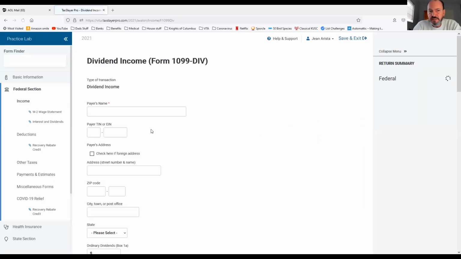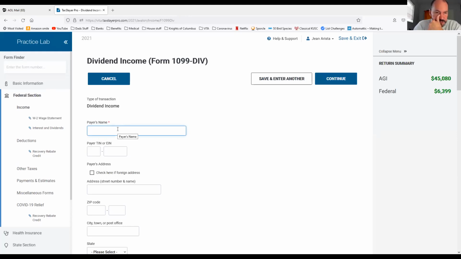And then as he's filling out the dividend income, what you may see on a 1099-DIV is the foreign tax credit reflected, and you may see what are called capital gains distributions.